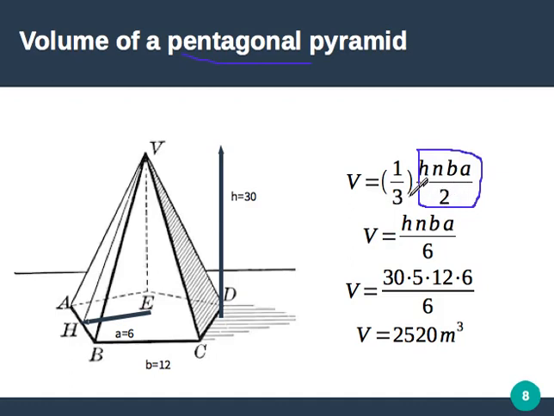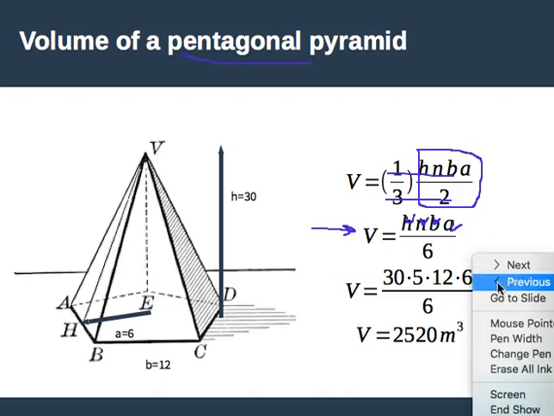But remember the multiplication of fractions? You gotta multiply the numerators with the numerators, and then the denominators with the denominators. So this formula is going to be changed into this, which is going to be the height, the number of sides, the base, and the apothem. That's what you have right there.